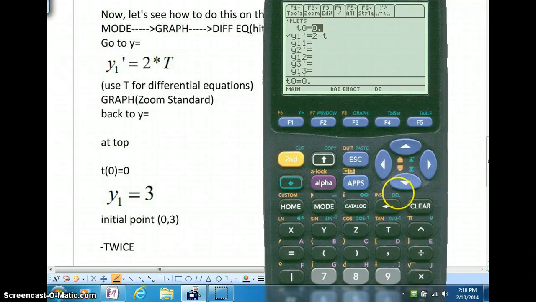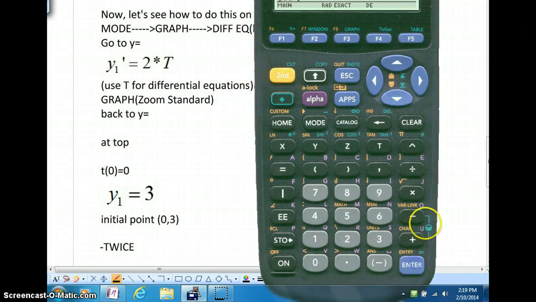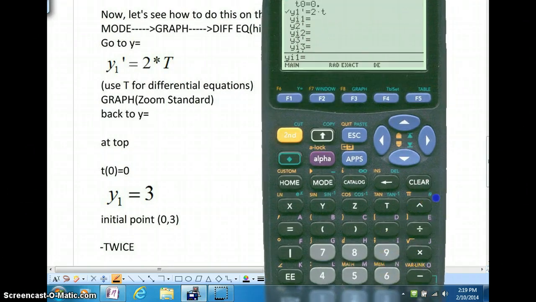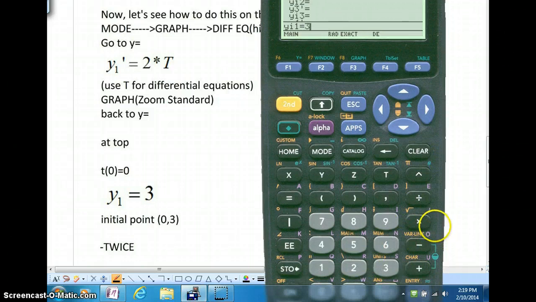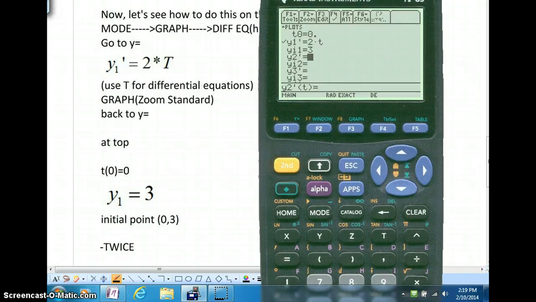And then if you go down right below that, to y sub i1, if you just hit enter right now, you go down to the bottom of the window, and then you can type in whatever number you'd like, a 3, for example. And then just looking at the screen, you can see at the very top, t0 equals 0, so that means my x-coordinate is 0. My y1 value is going to be a 3.